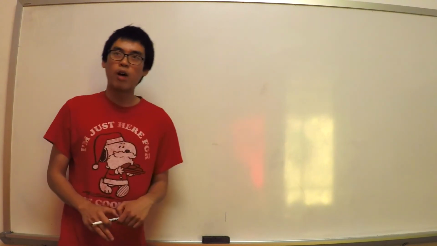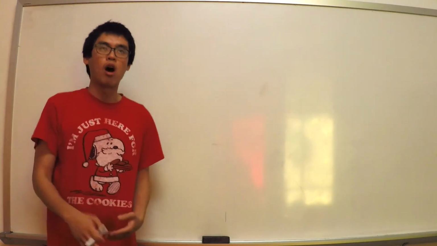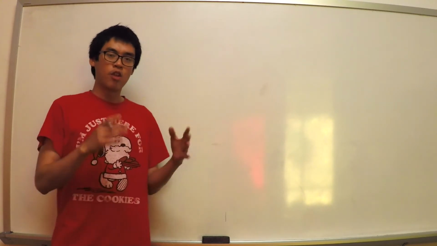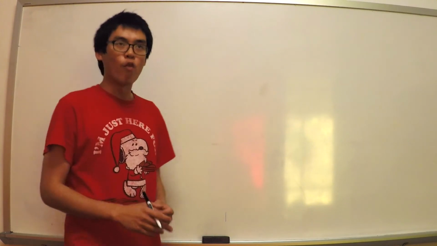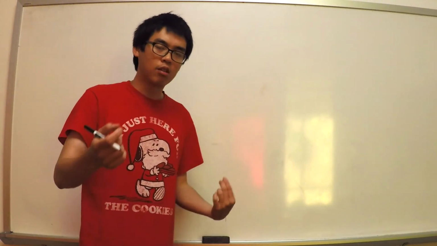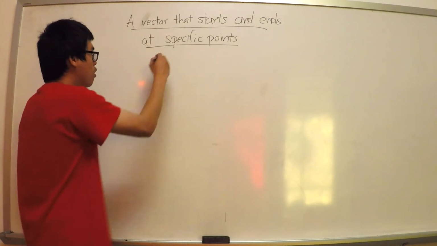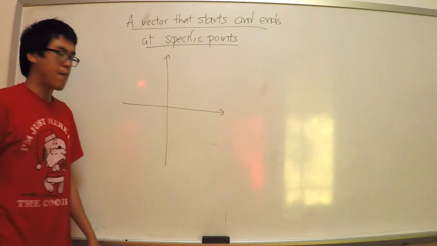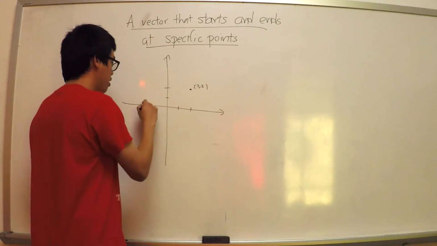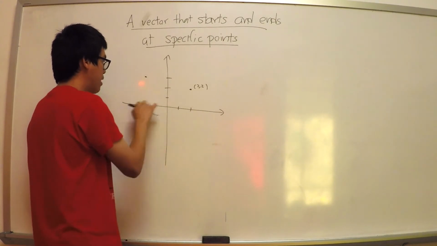When it comes to how to construct a vector, there are several situations where you want to know how. But one situation in particular that will come up over and over is how to construct a vector that starts at a particular point and ends at a particular point. For example, on my xy plane, I might have a point (2, 2), and I might have another point right here, (-2, 3).